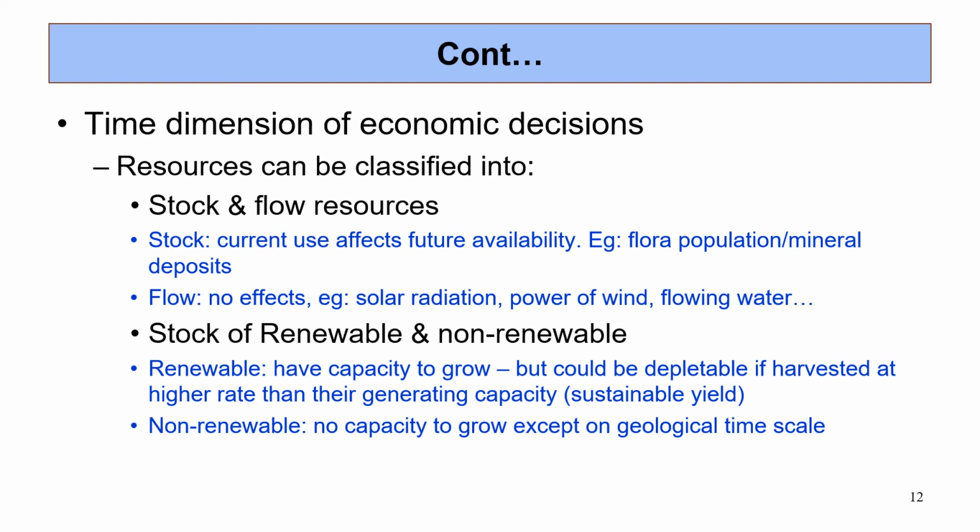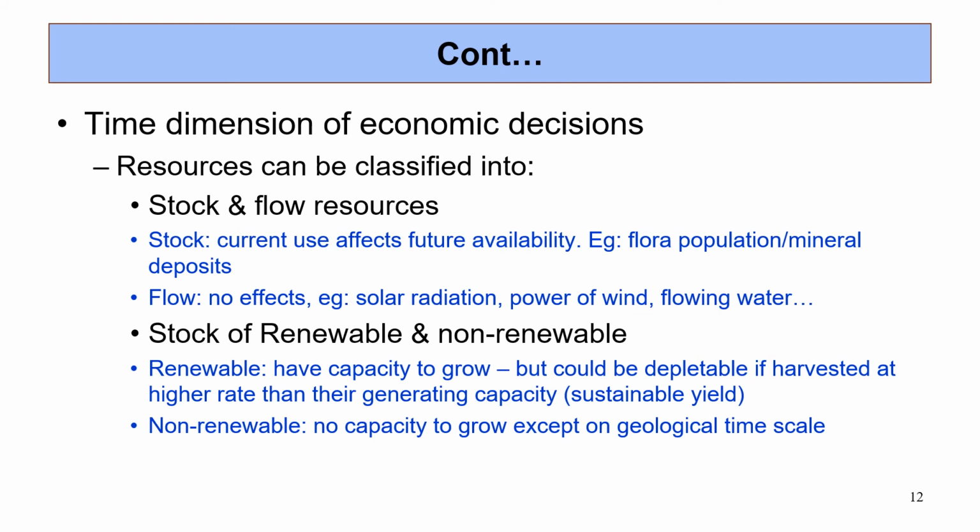Okay? So when we make an economic decision on how to handle our resources, we have to think about its implication to the future. If we are dealing with stock, are we talking about renewable or non-renewable?